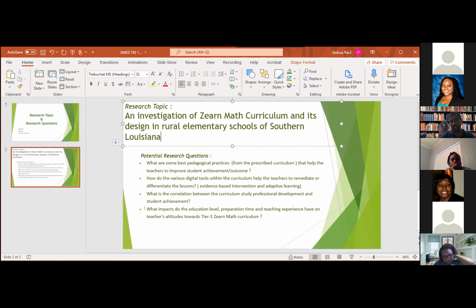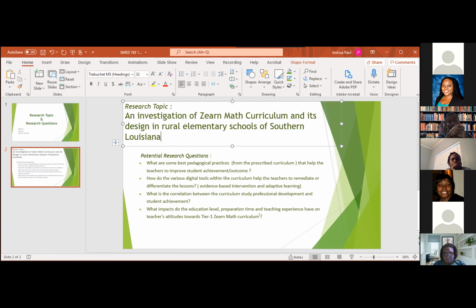And the fourth question is, what impacts do the educational level, preparation time, and teaching experience have on teachers' attitude towards Tier 1 Zern math curriculum? Teachers had different attitudes or different perspectives about this curriculum. For example, some may say, oh, Eureka Math is not going to work because it's just too high for my kids.